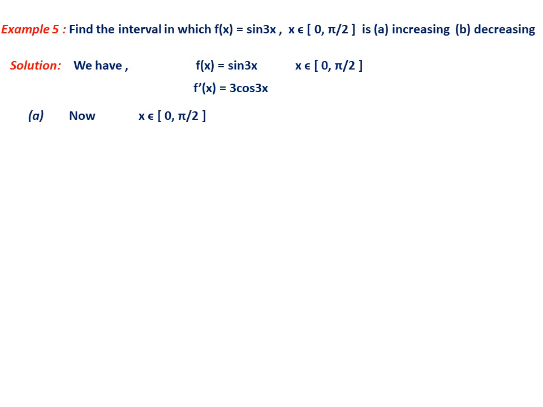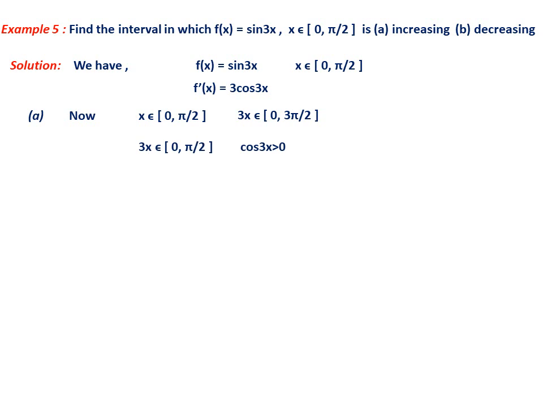First one, now x belonging to 0 to pi by 2, 3x belongs to 0 to 3 pi by 2. So whenever x belongs to 0 to pi by 2, now the 3x belongs to 0 to 3 pi by 2.